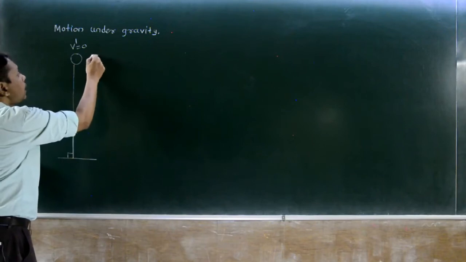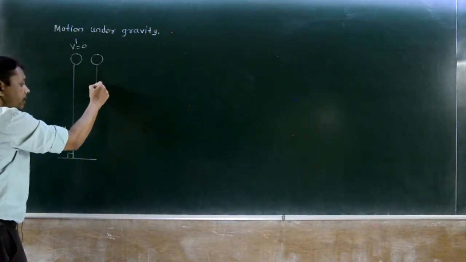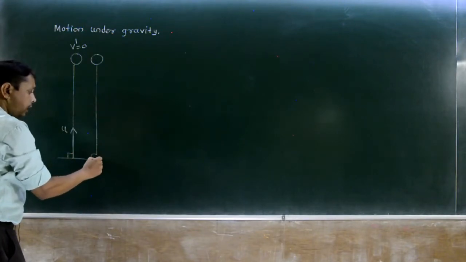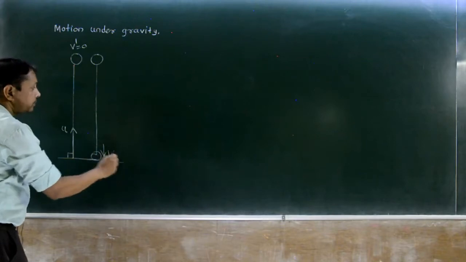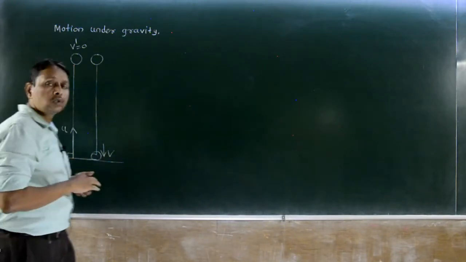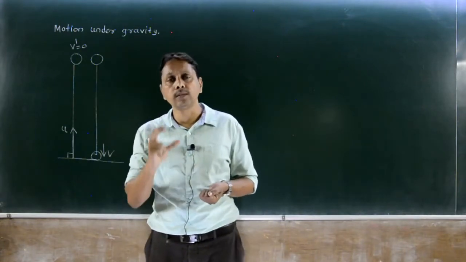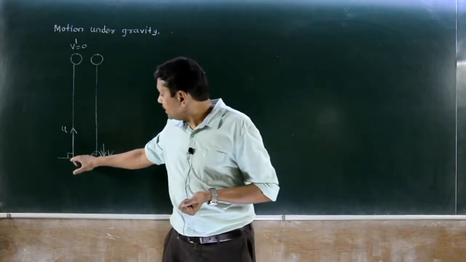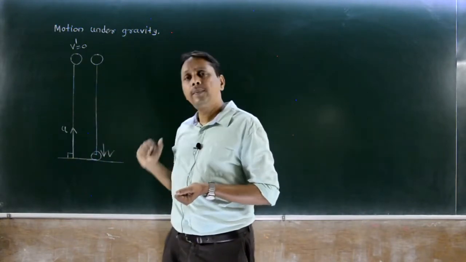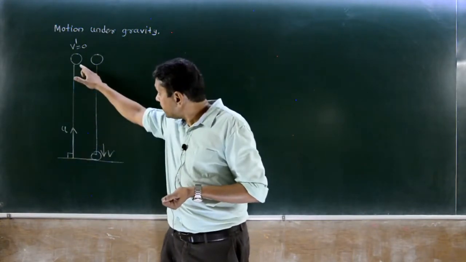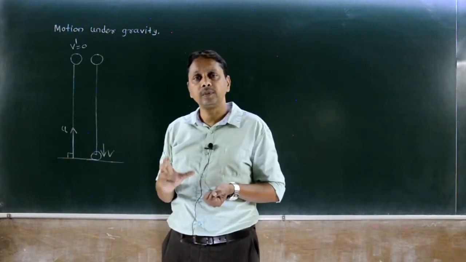Then it will come down and with that velocity it strikes the ground almost at the same point with velocity v. This motion is called motion under gravity. This one is against gravity and this one is with gravity. Is it clear?